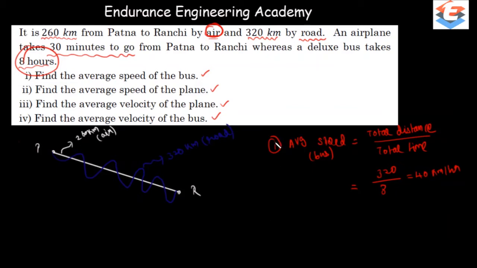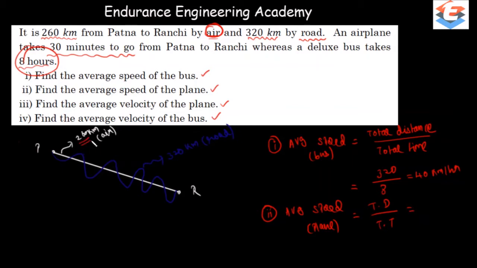And what about the second question? Average speed, again they are asking about average speed only, but this time it is not for bus, it is for plane. Okay, so for plane, what is the actual distance? Again it is also total distance by total time only. Now what is the actual distance plane has traveled?